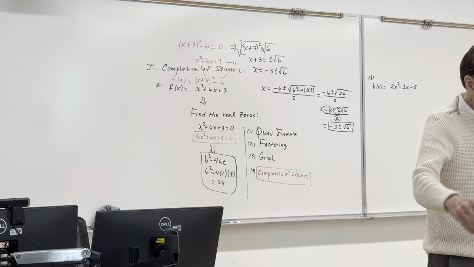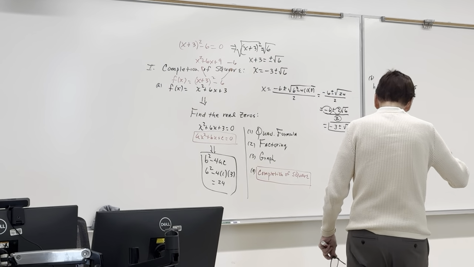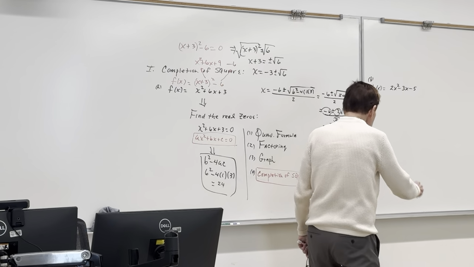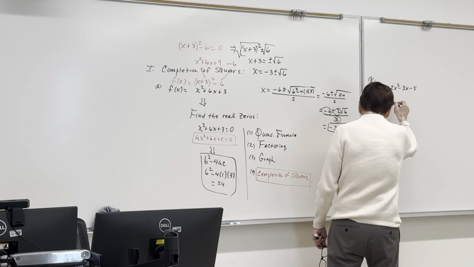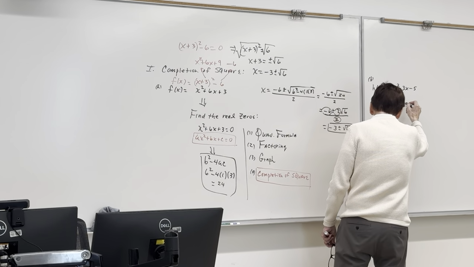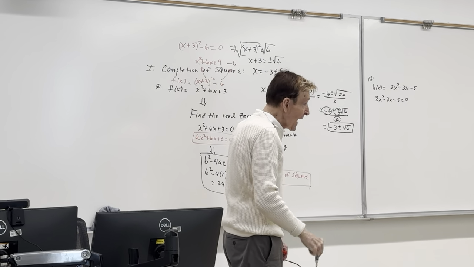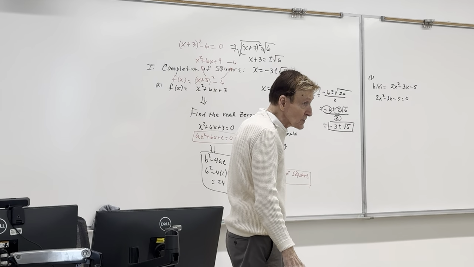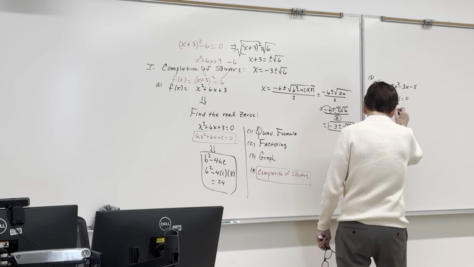Now, if it's open, and I say solve one of these, or find the zeros, find the real zeros, in other words, solve it. And that's all I say, find the zeros. Just say, thank you, Professor, because I'm going to try one of these techniques to do it. I think actually this one will factor. So many students would jump in and say, Professor, I'm going to do it like this.